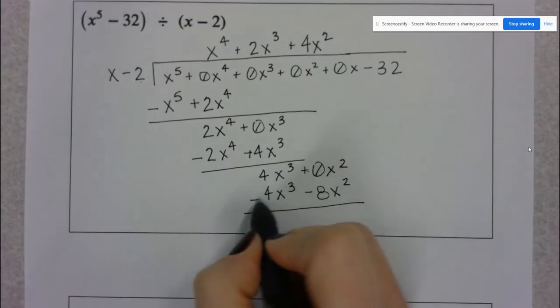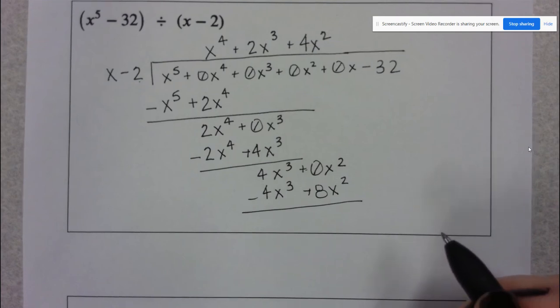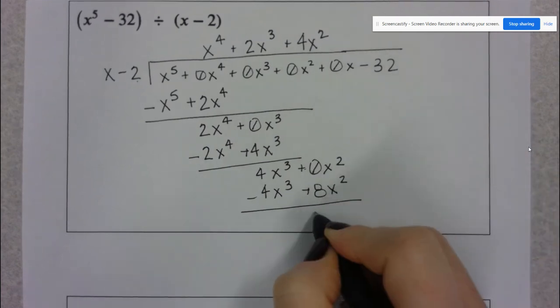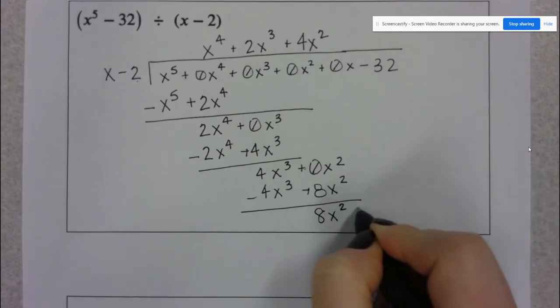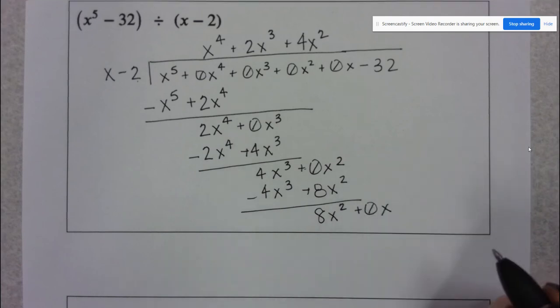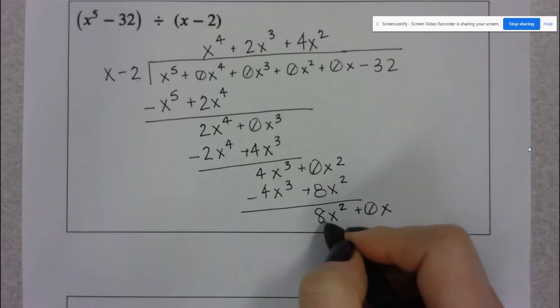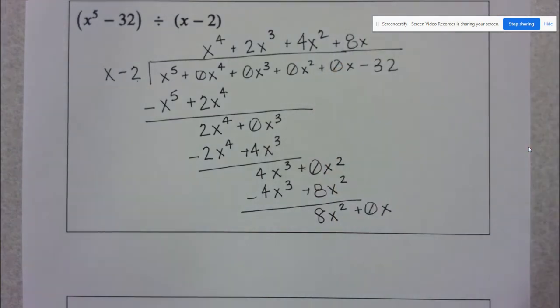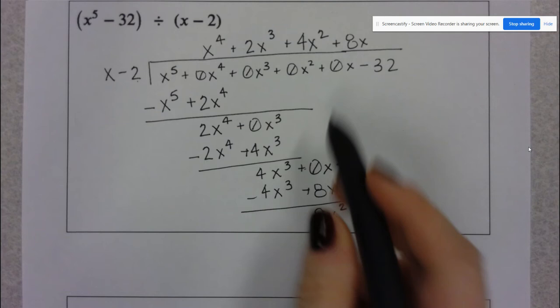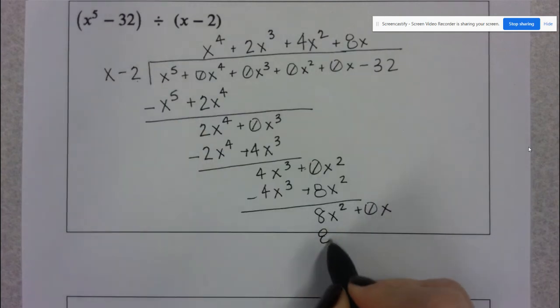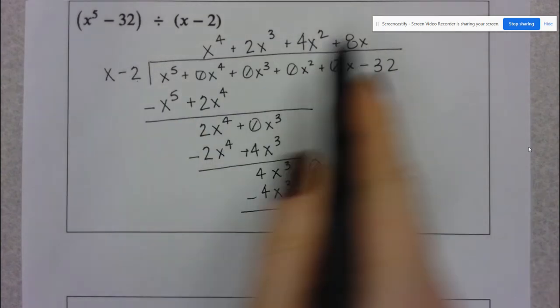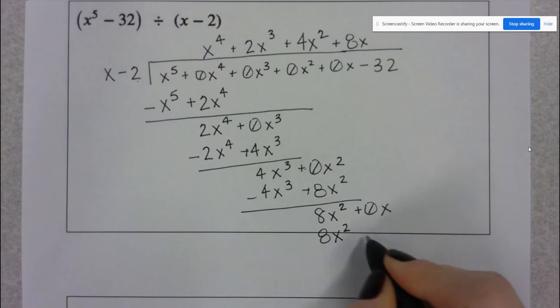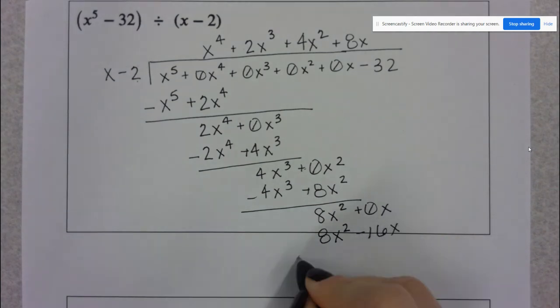All right, it's going to be a long one. So this is going to give me 8x squared plus 0x. So I need to multiply by 8x in this case. So I've got 8x squared, and then 8 times negative 2 gives me negative 16x.